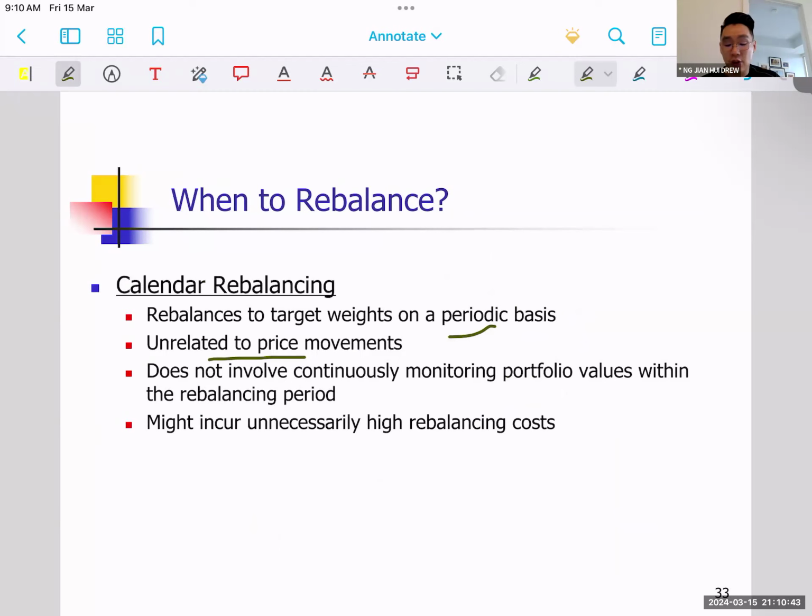It does not involve any continuous monitoring because we know that just after a certain date, we just rebalance, right? However, because the strategy is to rebalance every 6 months or quarter, we might have high rebalancing costs when maybe there's a situation that you don't have to rebalance, but because you have to do it, you have to do it like that, right?